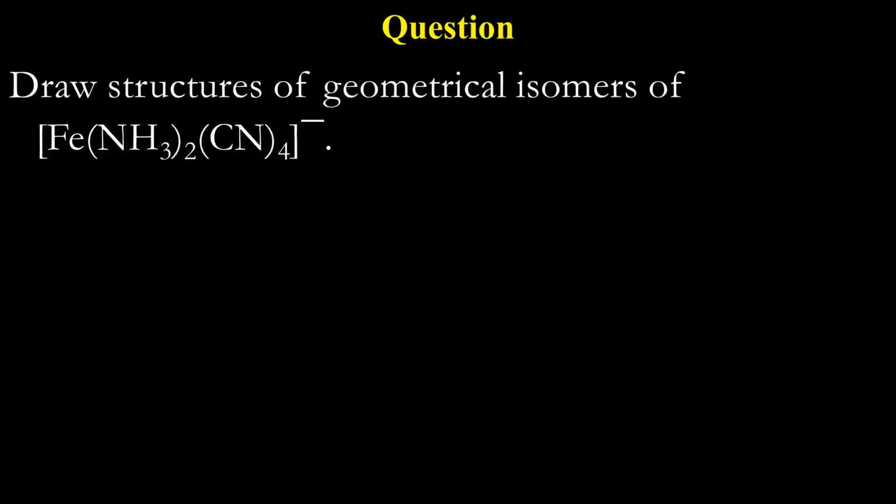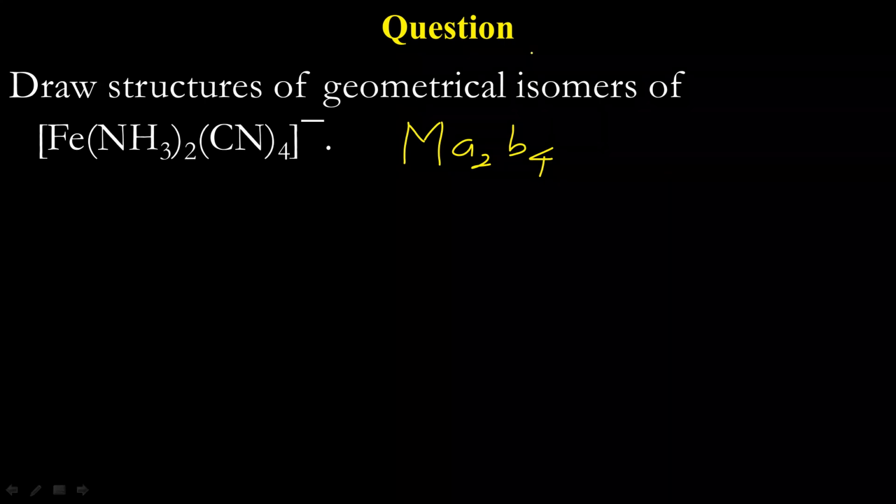Now the question is: draw structures of geometrical isomers of Fe(NH3)2(CN)4. So remember, I asked you to memorize something. So you can identify which type of isomerism will be there, and if you can draw the structure, okay.